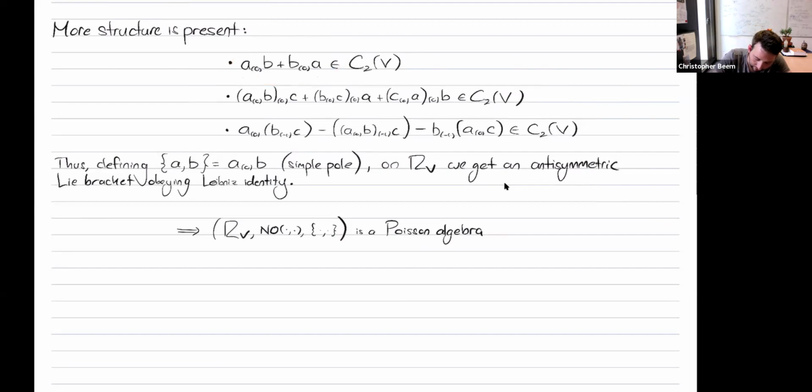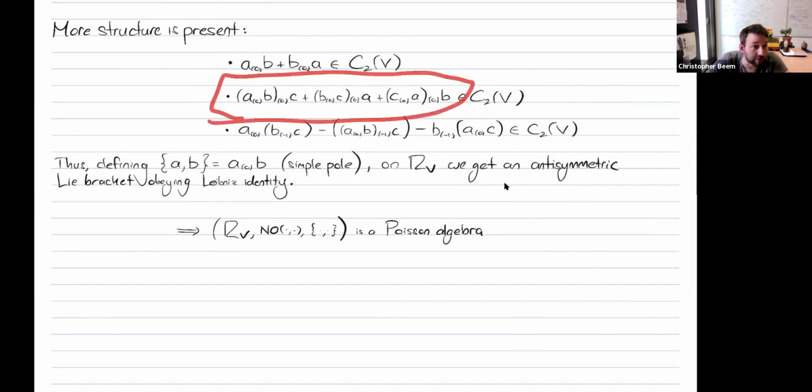And this combination, which you might call the Jacobiator, the thing that should be zero if a bilinear operation satisfies the Jacobi identity, lives in C2.